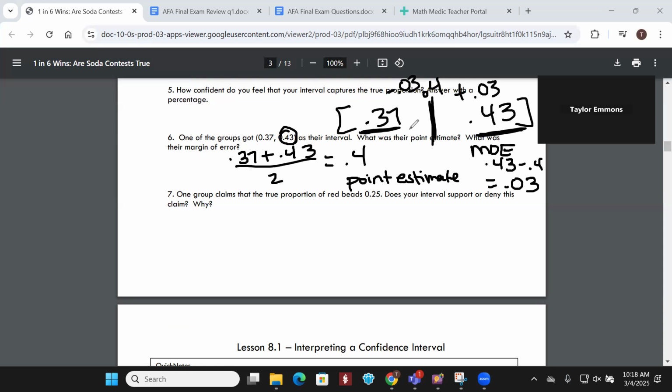All right. One of the groups claims that the true proportion of red beads is 0.25. Does your interval support or deny this claim? So what was our interval? 0.25 to... Okay. Does this interval support our claim? In a way.